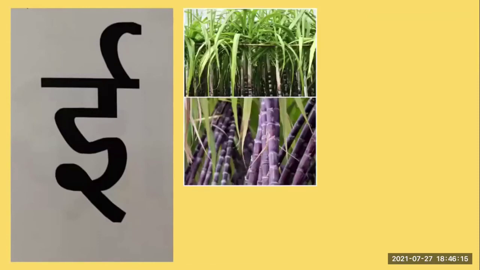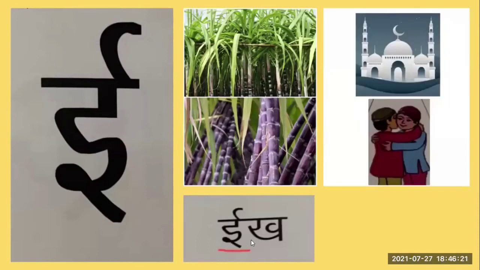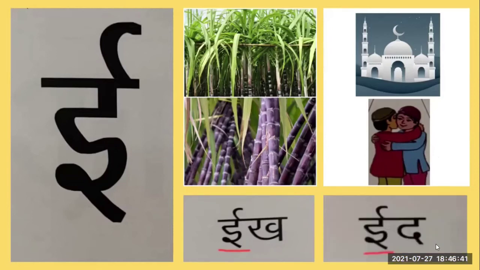The two words we are going to see are E se eek and E se eed. Eek means sugarcane. And Eid is a festival.